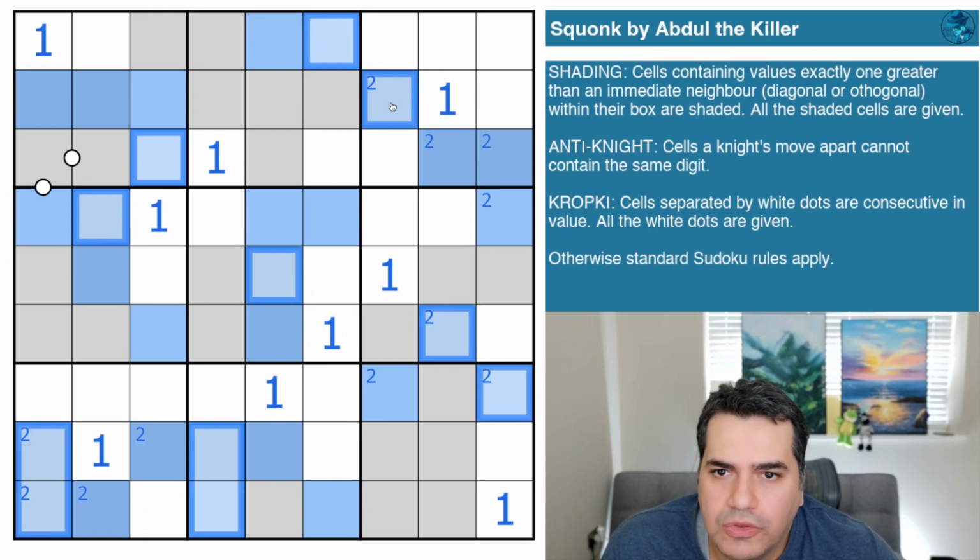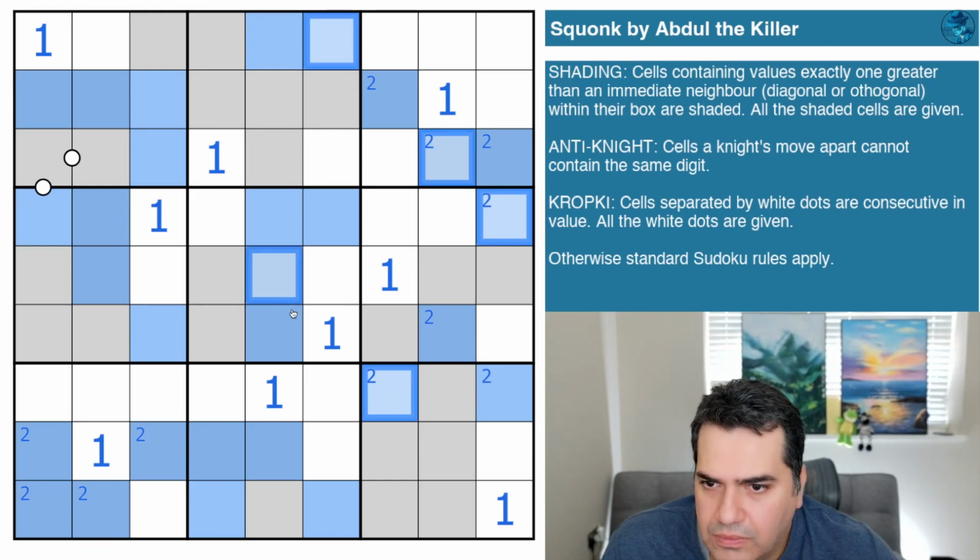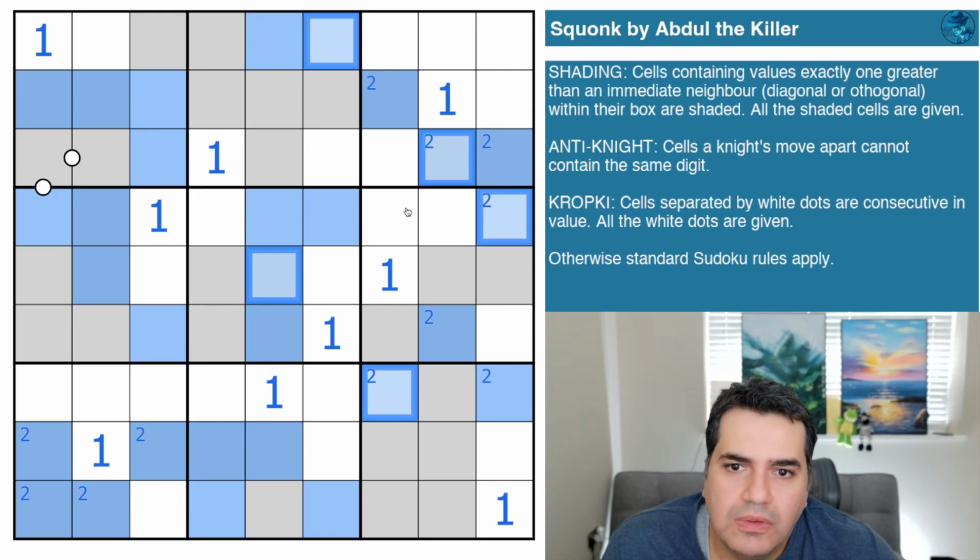So nothing wrong if I place a 2 in here, nothing breaks. If I place it in there, so we've got this, this. That breaks.